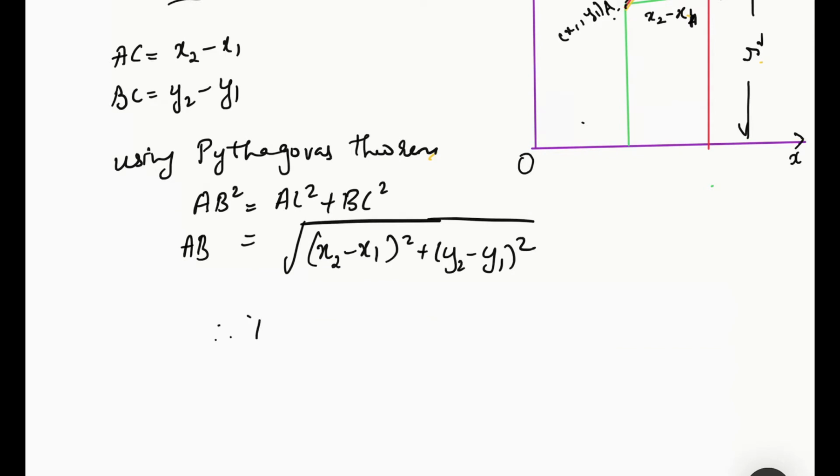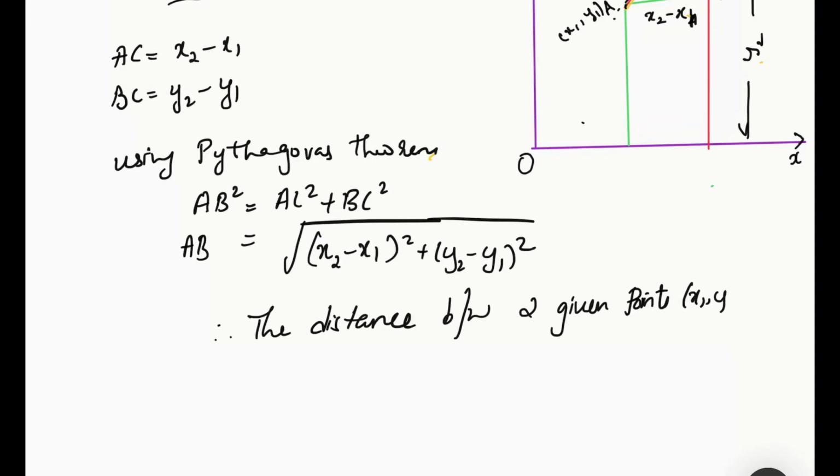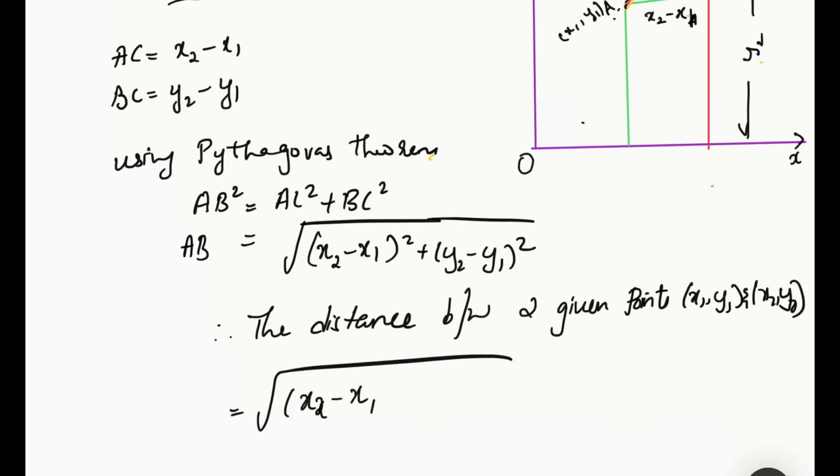Therefore the distance between two given points x1, y1 and x2, y2 is equal to root of x2 minus x1 the whole square plus y2 minus y1 the whole square. That is the difference between the abscissae squared plus the difference between the ordinates squared.